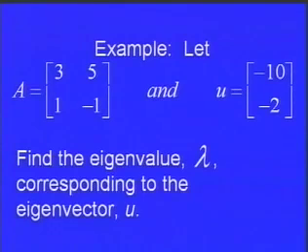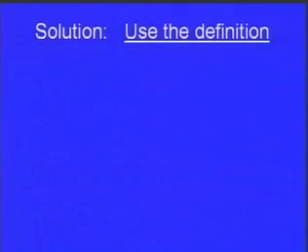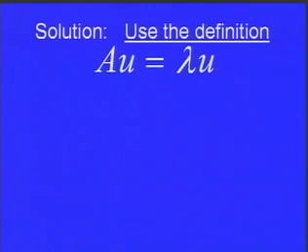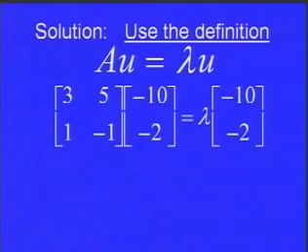We want to find lambda that corresponds to the eigenvector U. Well, if you remember, if it is an eigenvalue and if U is an eigenvector, then AU is going to be equal to lambda U. So all I need to do is take the original matrix A, multiply it by U, and that's going to give me the same thing that lambda times the vector U would give me.